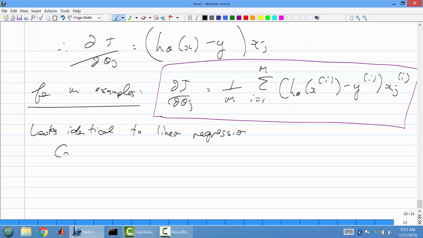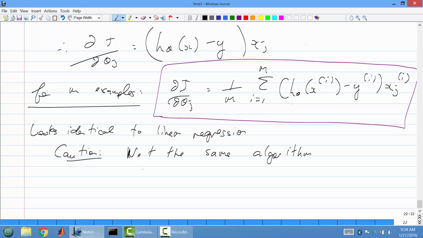Okay, so caution. Not the same algorithm. It looks the same though, but the point of linear regression is to predict outcomes. It's to predict continuous valued outcomes. With logistic regression, you're predicting the class that an input belongs to, and you're trying to figure out the probability of whether that output belongs to a certain class.